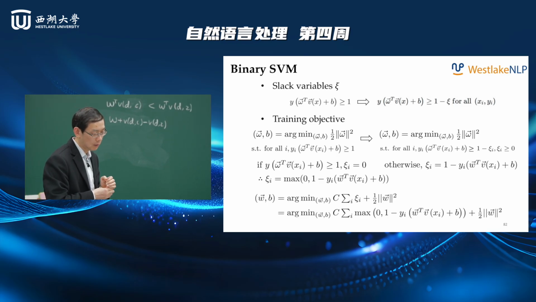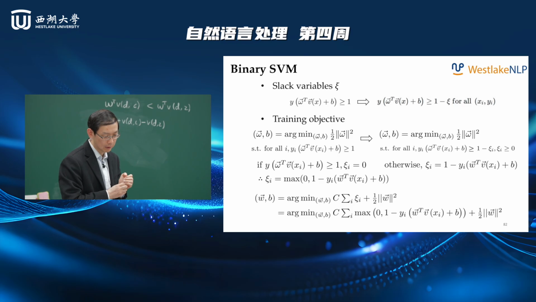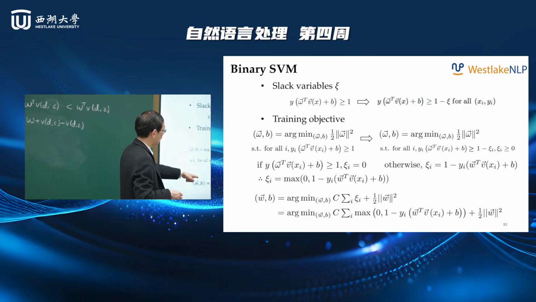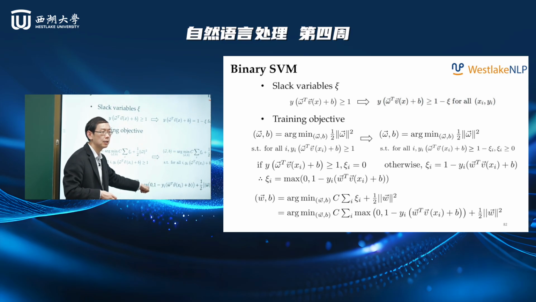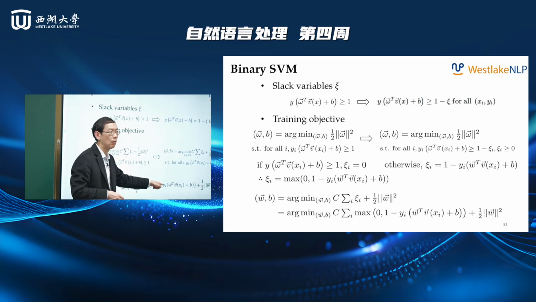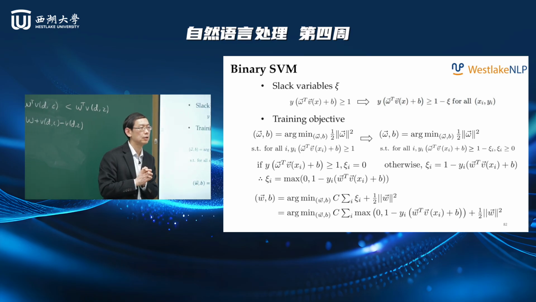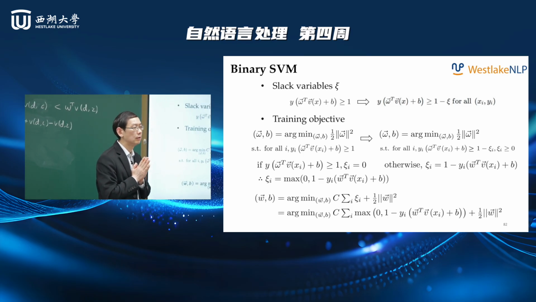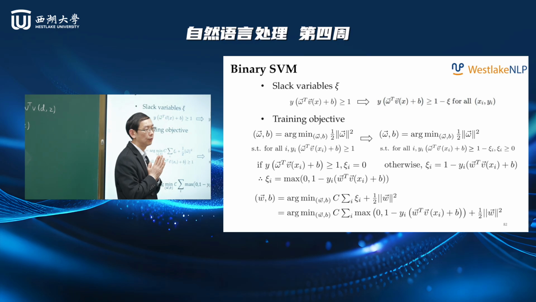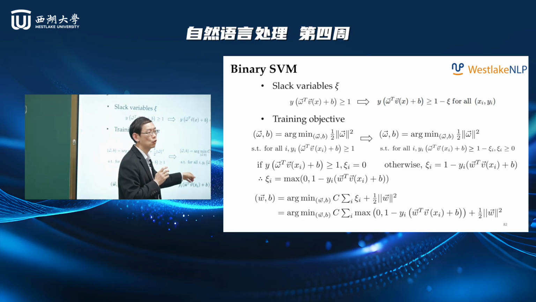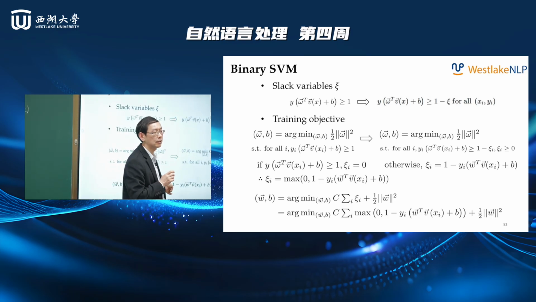So I can summarize my slack variable as max of 0 and 1 minus y dot the score. That summarizes what I just told you. If y dot the score is greater than 1, then the slack variable is 0, no violation.